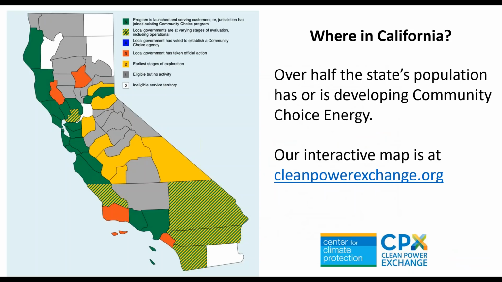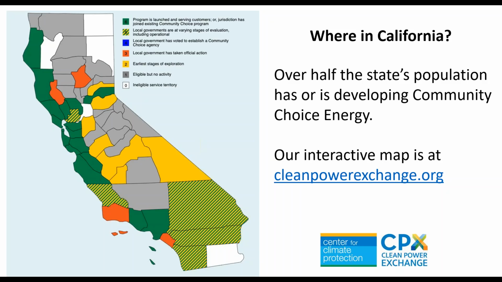In California, this is a screenshot of our interactive map that depicts community choice status in all 58 counties and all 482 cities in the state. So, if this were live, you can click into these counties and it pulls up each city, and you can see what the status is for each city.